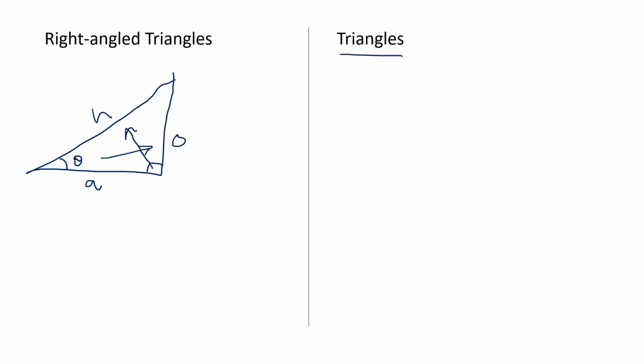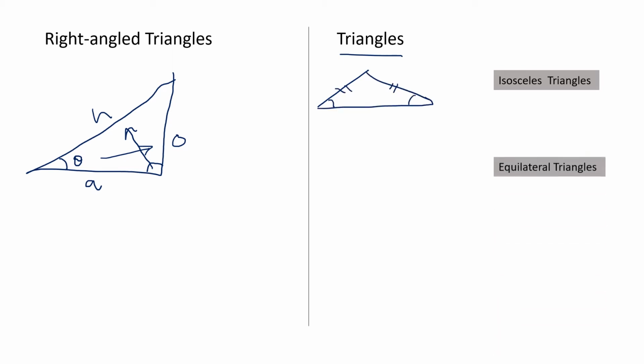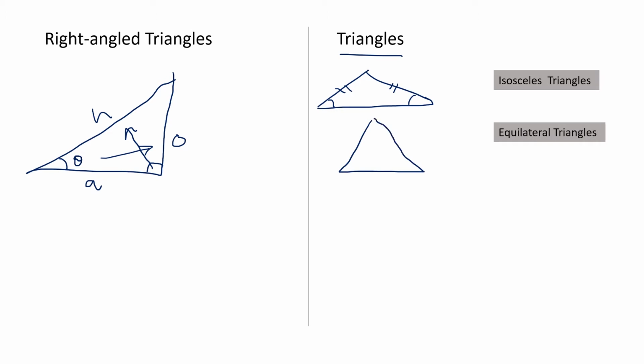Other triangles. There are a number of triangles. Isosceles triangles have two equal sides. Equilateral triangles have all three sides equal, therefore each angle is 60 degrees. A scalene triangle could be any triangle, arbitrary.